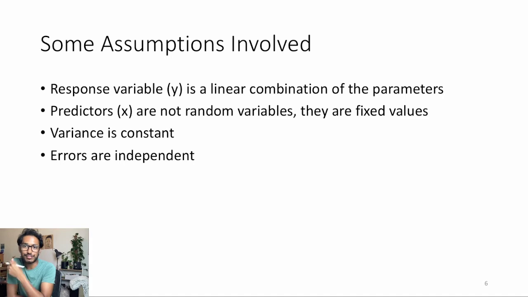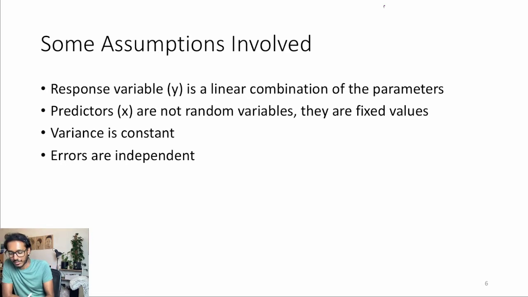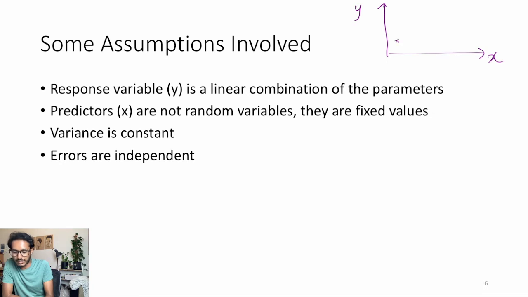Let's take a simple scenario where we have just one parameter x and just one response, and we see something like this, right? We immediately know that this is not a linear combination of the parameters. So this is a big no-no for linear regression.